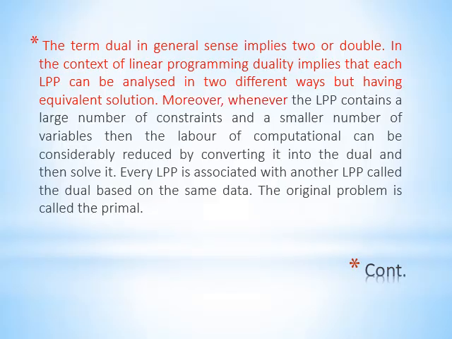Moreover, whenever the LPP contains a large number of constraints and a smaller number of variables, then the level of computation can be considerably reduced by converting it into the dual and then solving it.